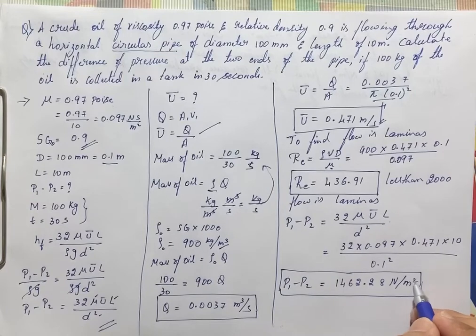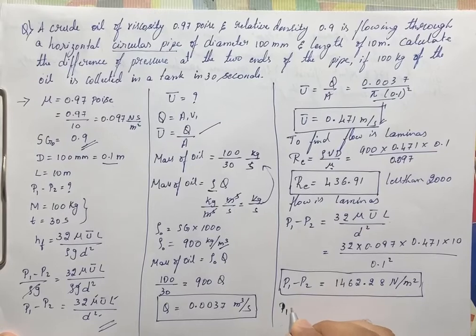But here it is meter square, so meter square to centimeter square is 10 raised to minus 4, and as this is in the denominator, when it goes to the numerator it becomes plus 4, right?